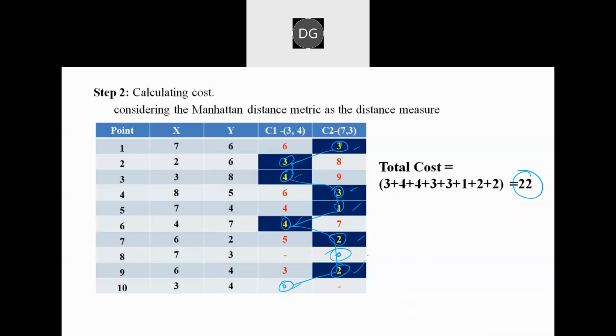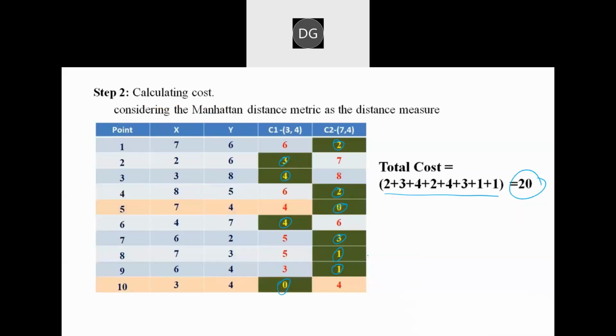Same from here it will take. 2 comma 6, 3 comma 8, 4 comma 7, 3 comma 4 belong to cluster 1, and 7 comma 6, 8 comma 5, 7 comma 4, 6 comma 2, 7 comma 3, 6 comma 4 will go to cluster 2.